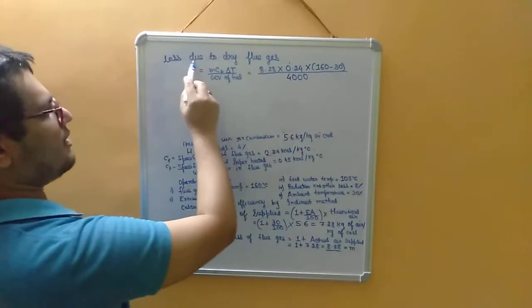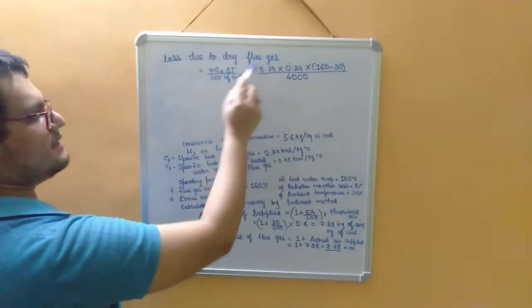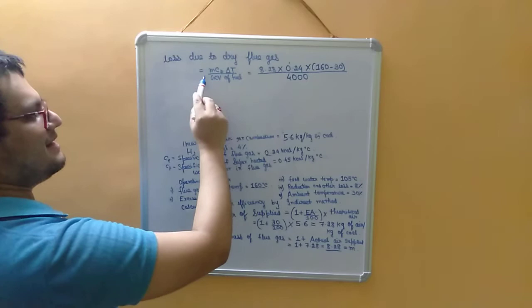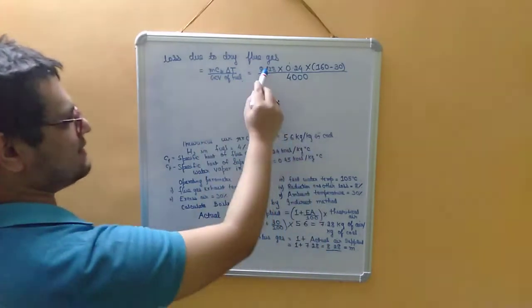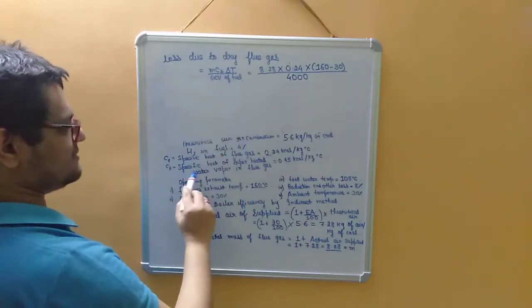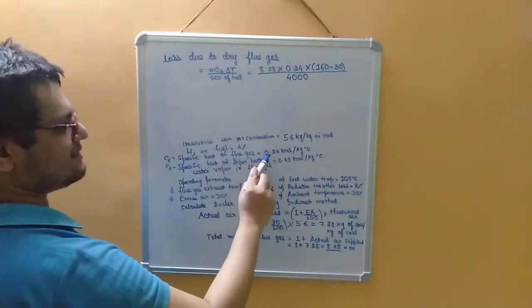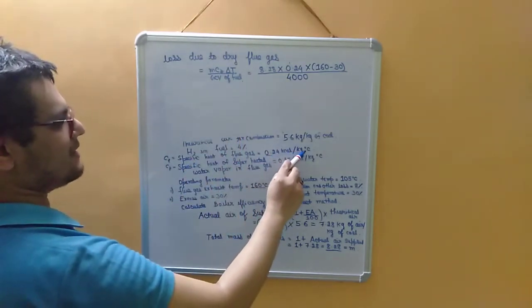I hope it is clear how to calculate the loss due to the dry flue gas. That is m Cp del T divided by the gross calorific value of fuel. m we have calculated as 8.28 here. Cp is the specific heat of the flue gas, that is 0.24 kilocalorie per kg degree Celsius.